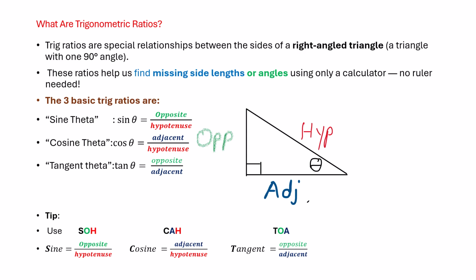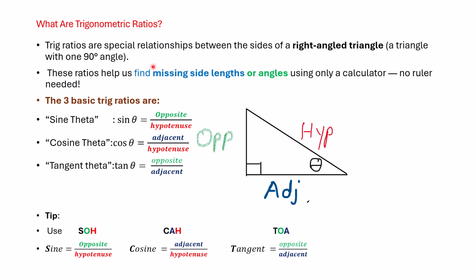Alright, so let's look at the first slide. What are trig ratios? Trig ratios, in short, I assume you still remember ratios are similar to a fraction, 1/2, or saying 1:2. These are special relationships between the sides of a right-angled triangle, you see there?